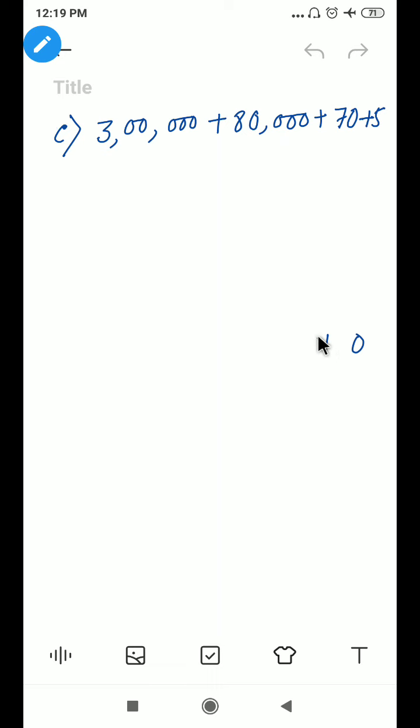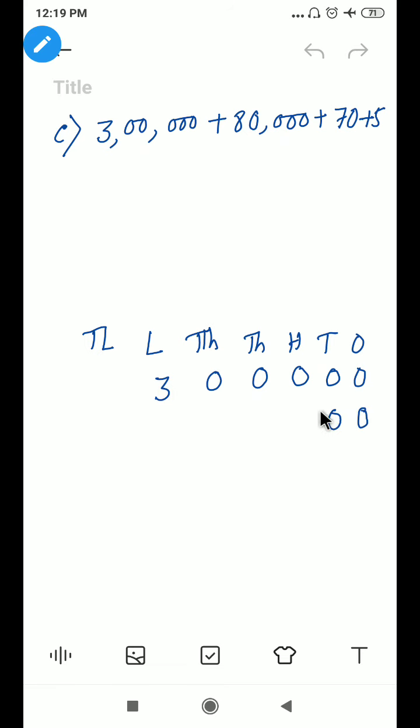1 place, 10 place, 100 place, 1000 place, 10,000 place, lakh place, and then 10 lakh place. So start from the end. 0, 0, 0, 0, 0, then 3, then again 0, 0, 0, 0, 8, then 0, 7, then 5.